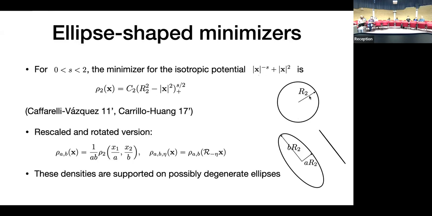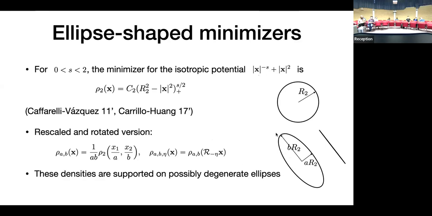Okay, so the natural candidates to form the ellipse-shaped minimizer is to do some rescaled and rotated version of this radially symmetric shape. So we just rescale it in the x1 and x2 axis by some positive numbers A and B so that it becomes ellipse-shaped, and we also rotate by some angle eta.